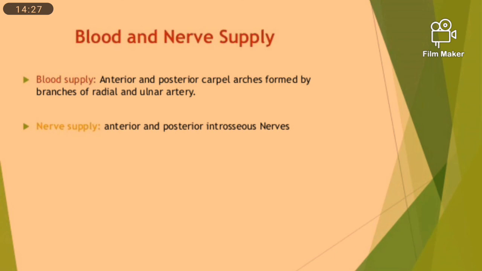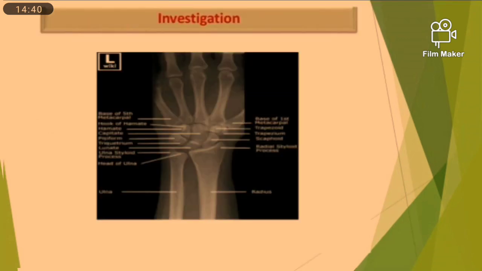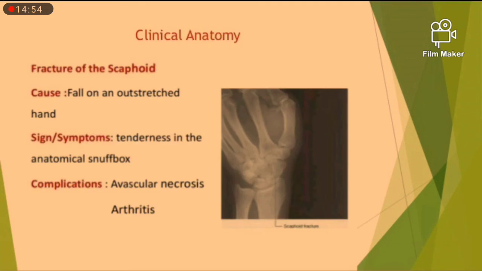There are palmar arches and carpal arches, anterior aspect and posterior aspect, which is mainly responsible for supplying this joint. And nerve supply, anterior and posterior interosseous nerve. This is a radiological plate where you can see the different carpal bones and the formation of a normal joint.